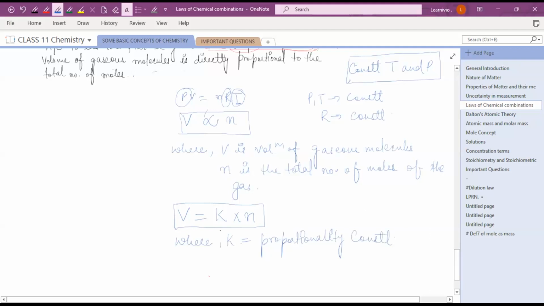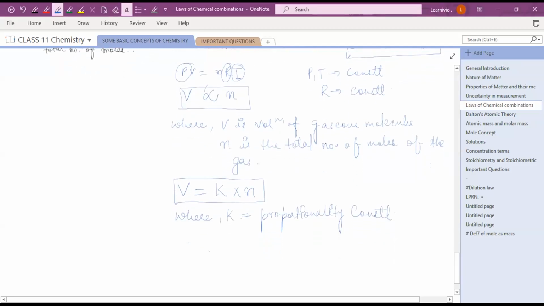So from here you can write V upon n is equal to k, and k is constant. Just move the number of moles to the other side, so you will get k = V upon n.